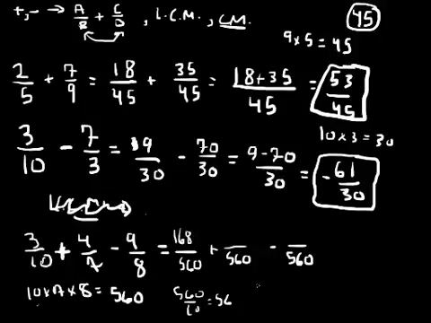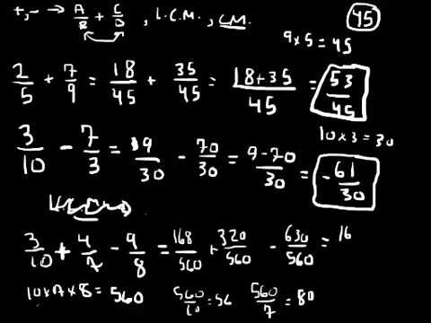Now the 7. 560 divided by 7. How did I get that? I multiplied by 80. So I did 7 times 80 to get to 560. Now I do 4 times 80. 320. Now the same thing with the 8. 560 divided by 8 is 70. So now I do 9 times 70. 630.